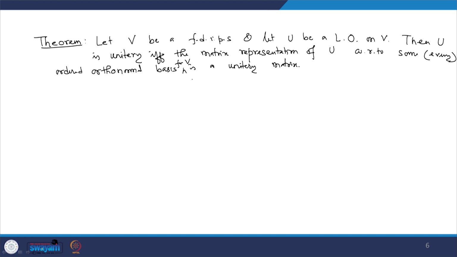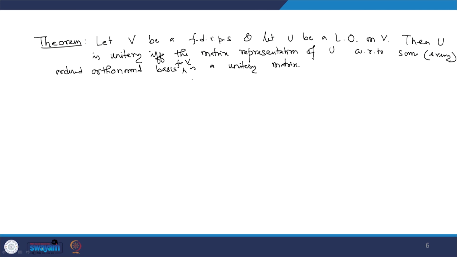I mean to say, if U is a unitary operator, then it preserves inner products, implies it satisfies the criterion that it carries every orthonormal basis to an orthonormal basis for the space, or some orthonormal basis for V onto an orthonormal basis of V. So, based on that only I have written here, U will be unitary if and only if the matrix representation of U with respect to some or every ordered orthonormal basis for V is a unitary matrix. Okay. So, let us give a proof.